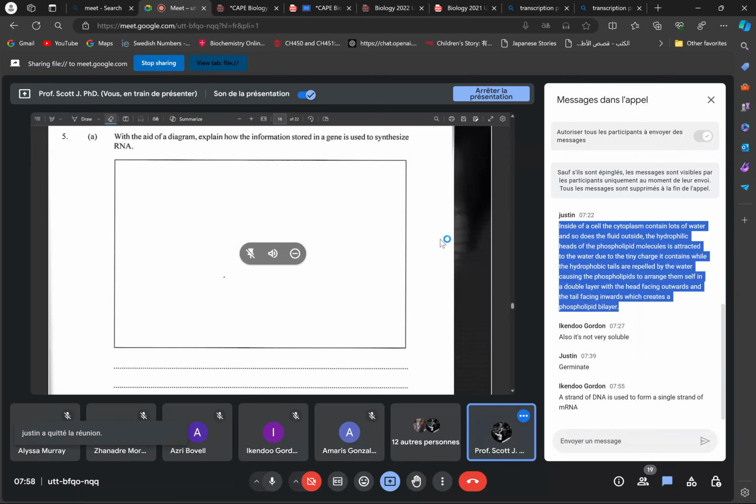Because what the RNA is doing is reading and creating complementary base pairs from the DNA. So from there, you should be able to explain how the genetic information is stored within the gene to produce the RNA, right? So think about the sequence. The sequence is really the information.